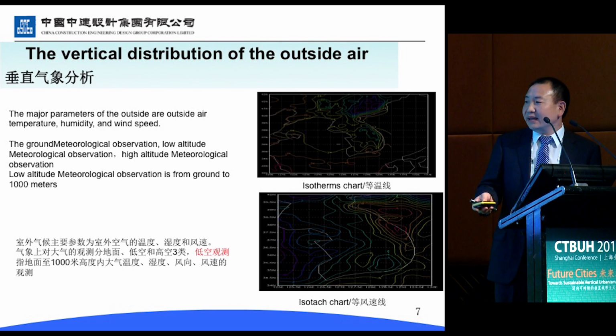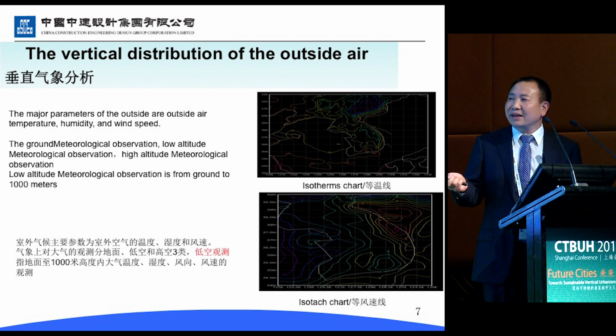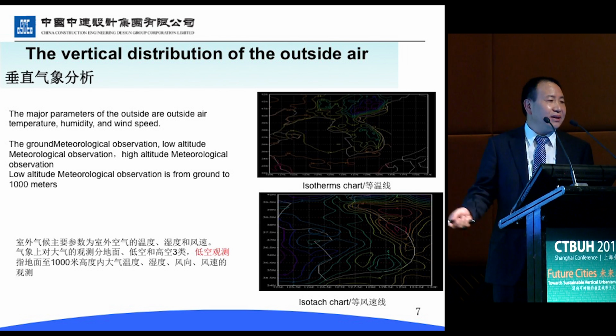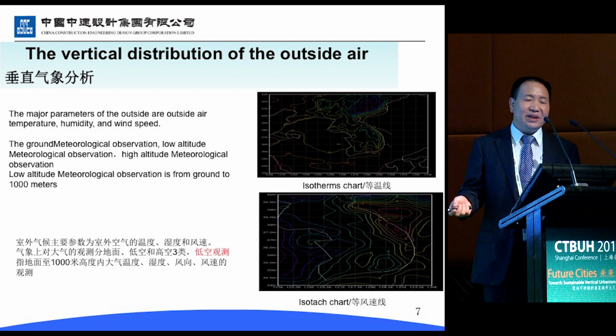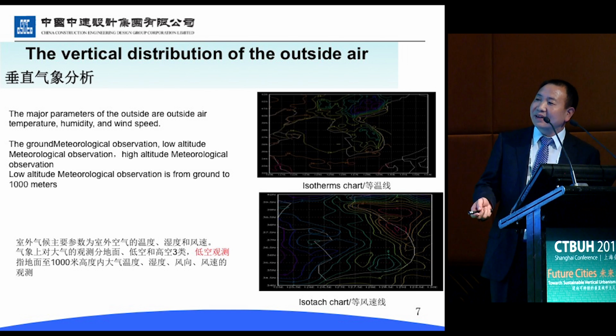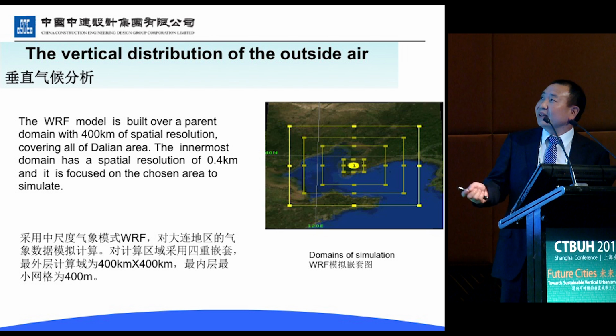And this calls for special equipment. Our focus is on the low altitude and the high altitude. In the low altitude, it's what we set at 1,000 meters. If it's below the 1,000 meters, we consider that as a low altitude meteorological observation data.